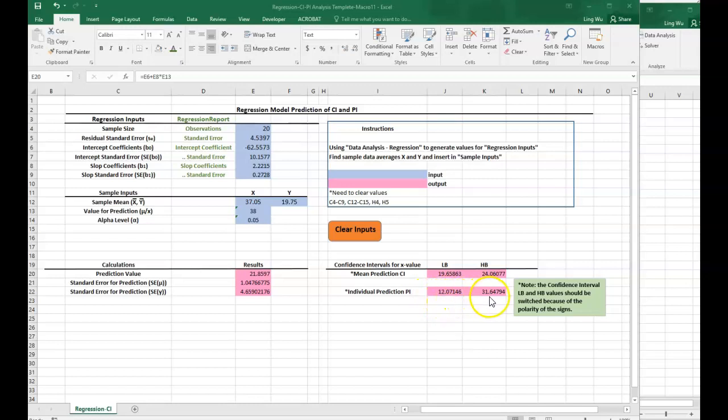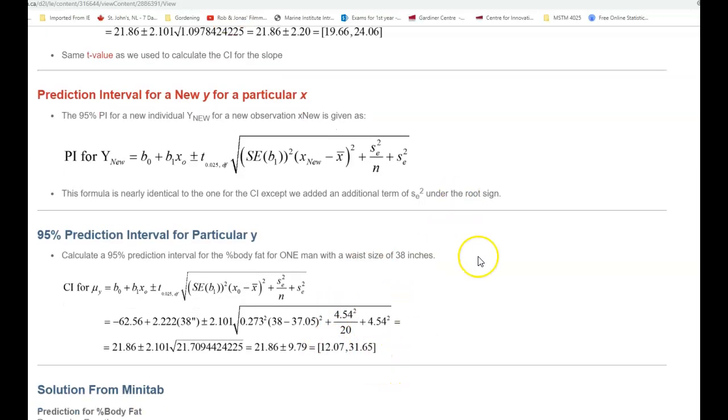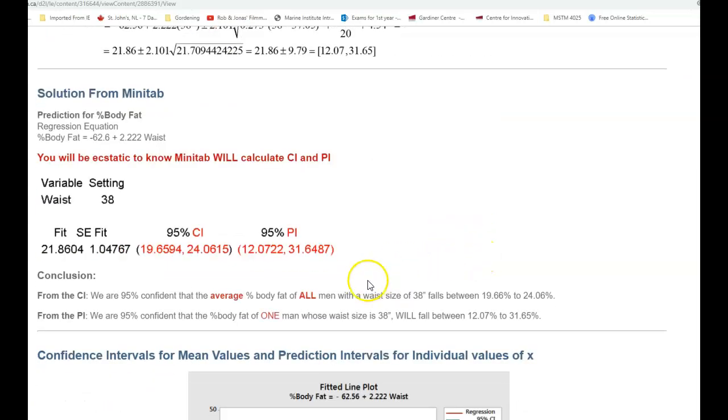You can see we did this calculation, and this is the value. You check the results with the notes, and that's the correct result. The value fits with our results, and Minitab also gives us the same results. That's all. Thank you.